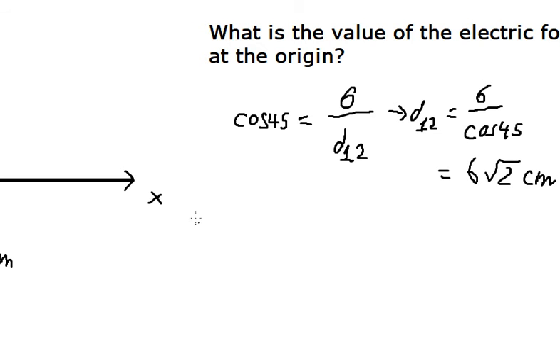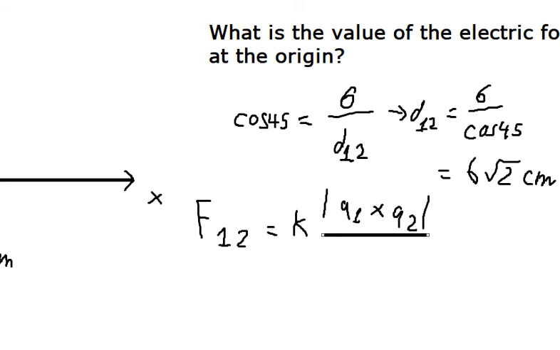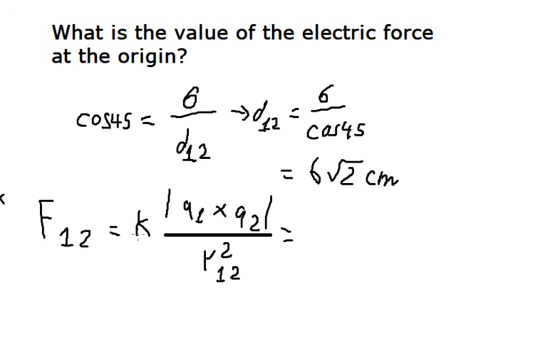Now let's find the force F12. So that should be K multiplied with the absolute value of Q number 1 and Q number 2, and we divide by R, just like the distance, and that should be R12 squared. So K is the Coulomb constant. That's 9 multiplied with 10 to the power of 9. And we have Q number 1.